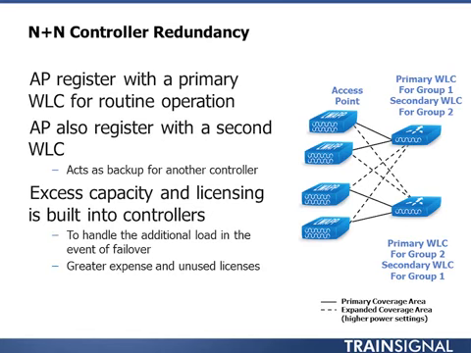In this scenario, you would have to license the wireless LAN controller with the view that it's going to support all of the access points that are currently primary and secondary. And so this can be a rather expensive solution when it comes to licensing fees.